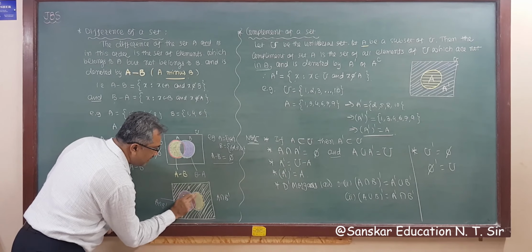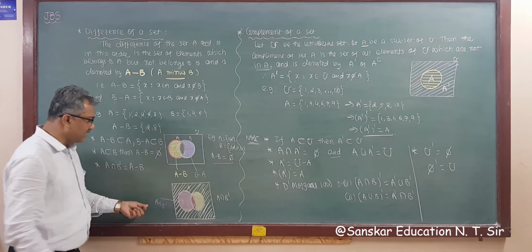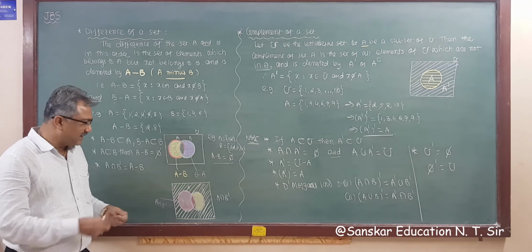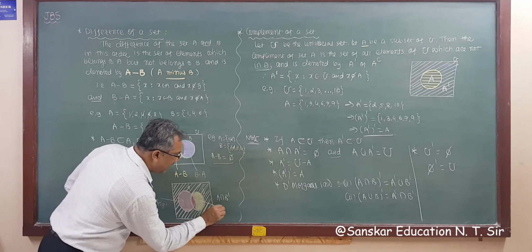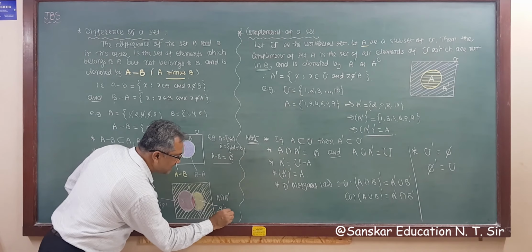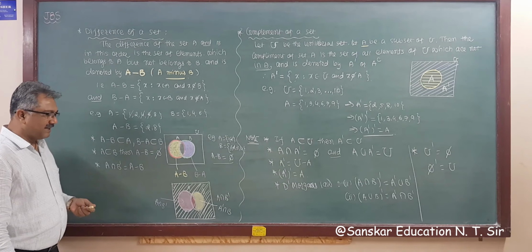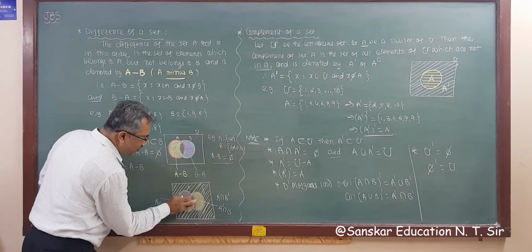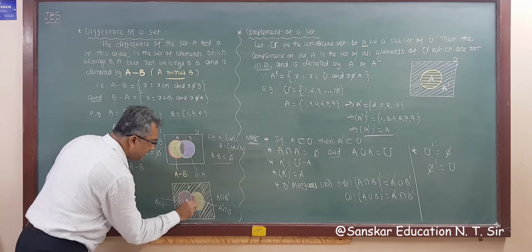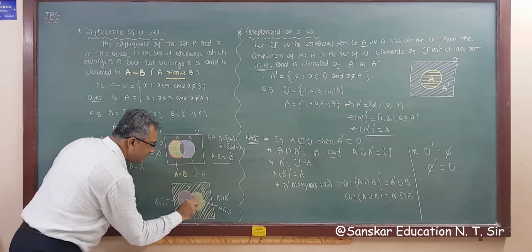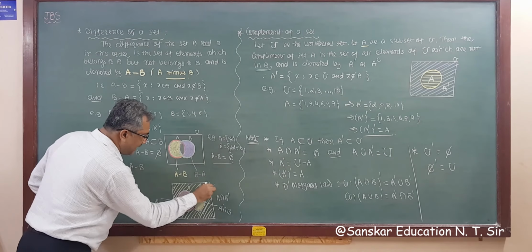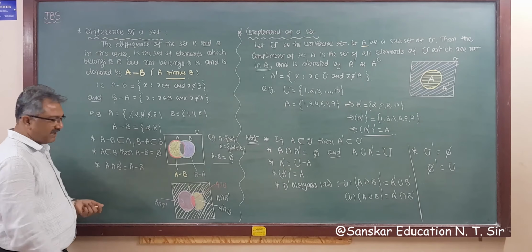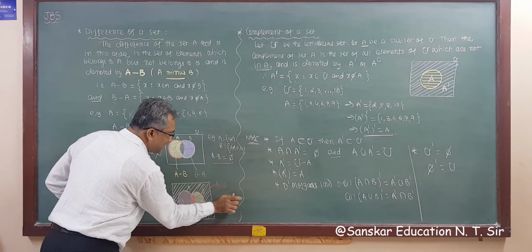This yellow portion is nothing but B intersection A dash, that is, A dash intersection B. And this red portion, which you know very well, is A intersection B. Now there is no need to write A intersection B dash here.